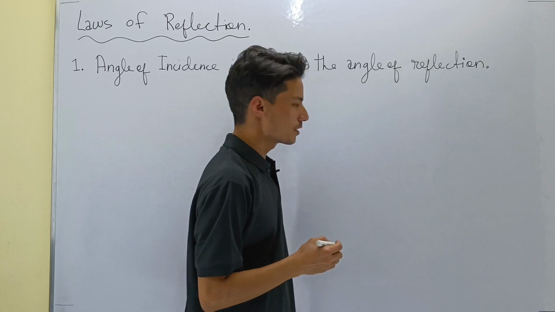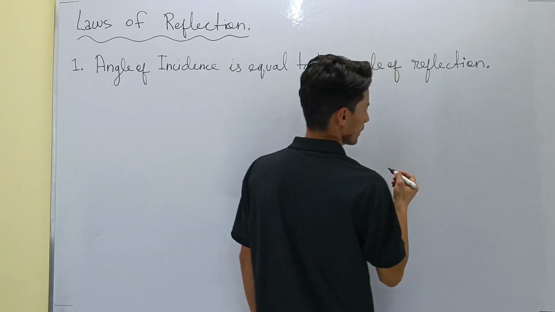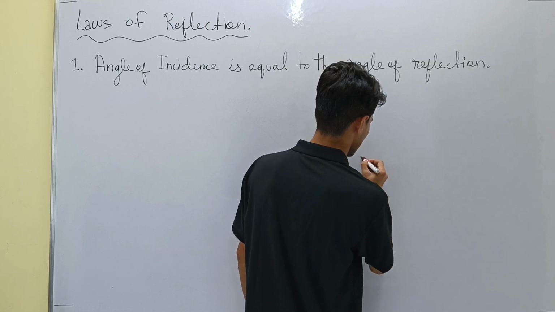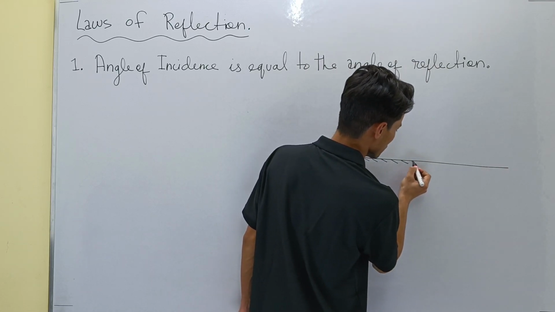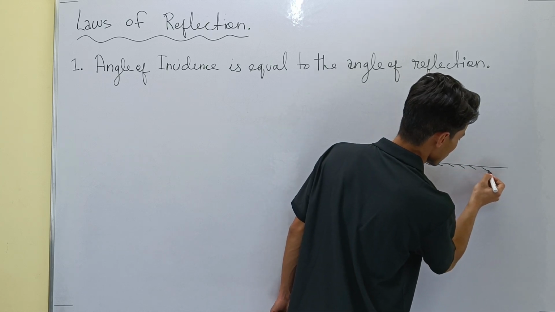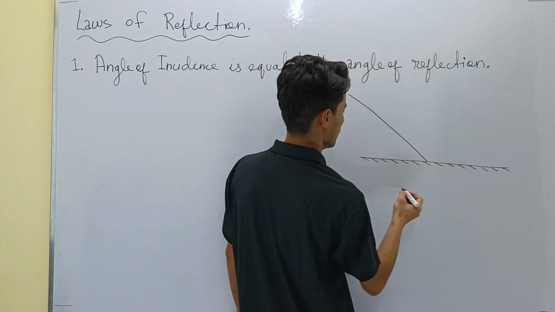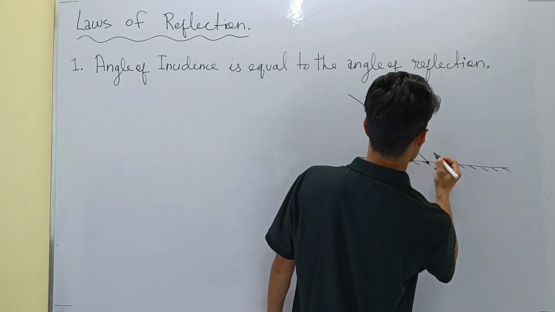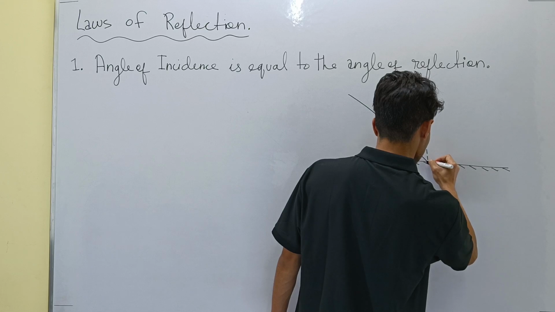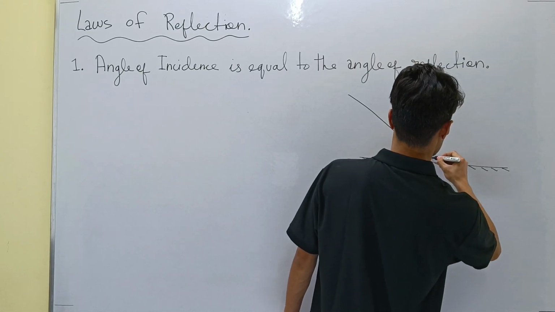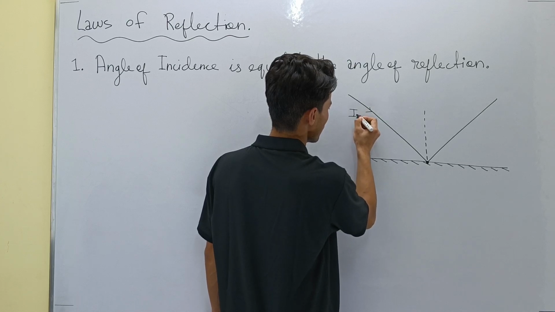So what does it mean? Well, I have erased the diagram, so let me quickly draw this once again. We have this incident ray. This is the point of incidence. We have the normal. Then we have the reflected ray. This is the incident ray, IR.